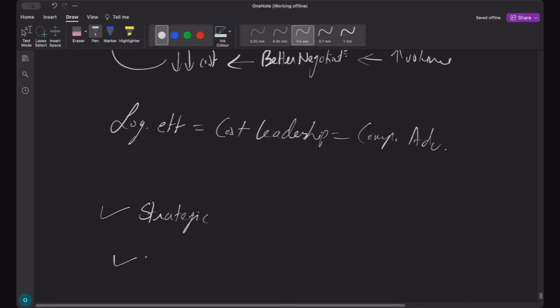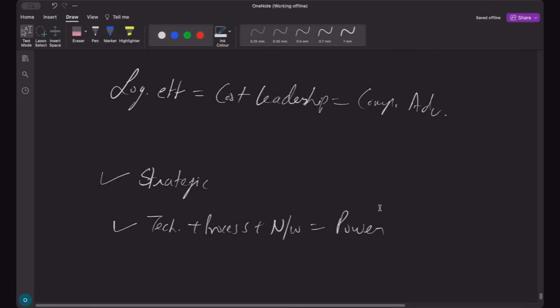And technology plus process plus network is equal to power. Need all three. Technology alone is not enough. Then customer experience is the ultimate thing.